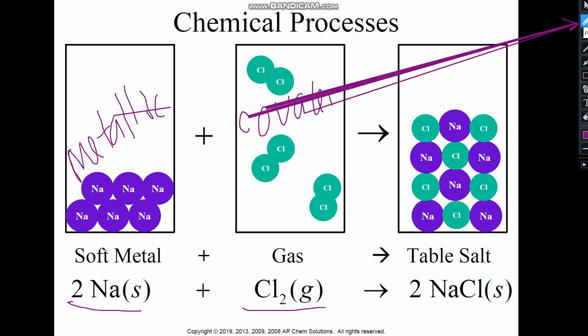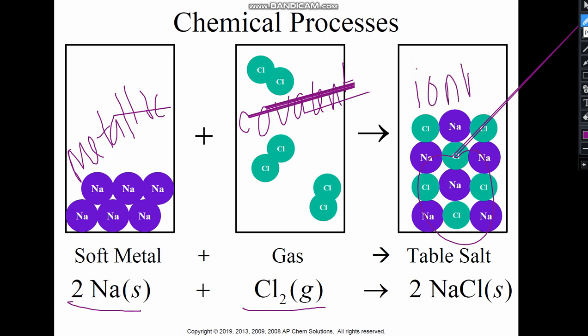We also know that chlorine on its own is actually a very foul-smelling poisonous gas. But when we combine it with this very soft metal of sodium, we get a very hard crystalline table salt. And table salt is ionic bonds.